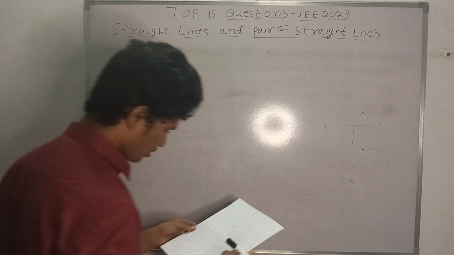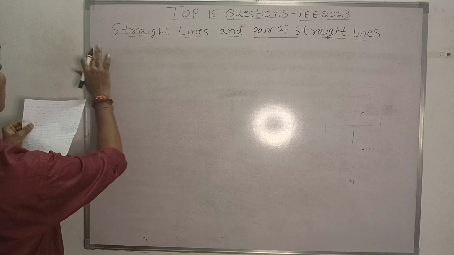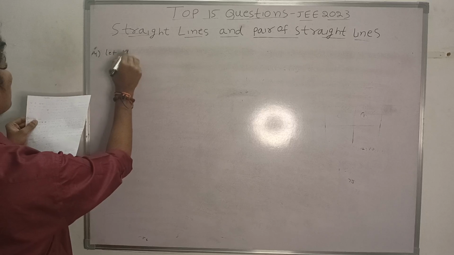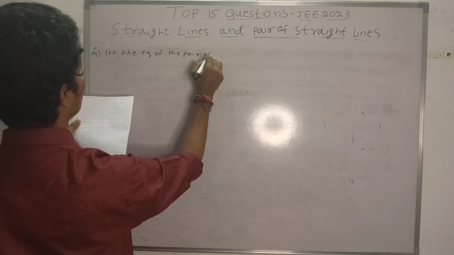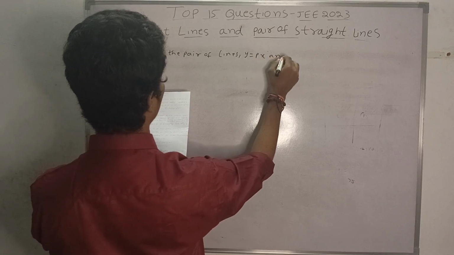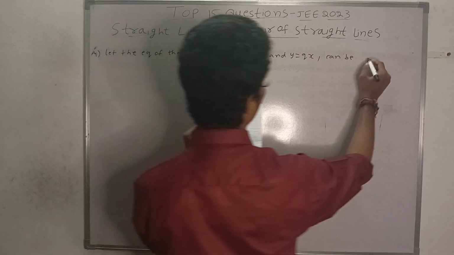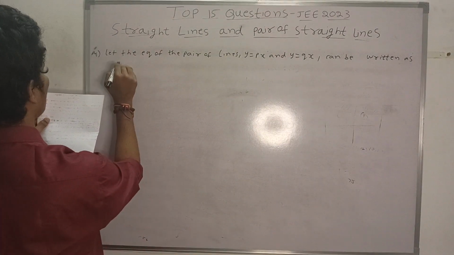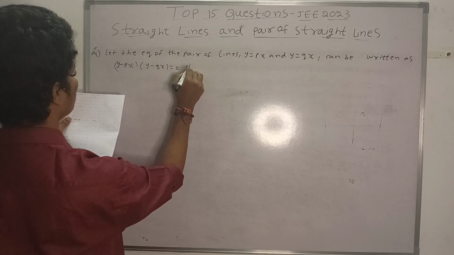And now again a question from the pair of straight lines. Let the equation of the pair of lines y equal to px and y equal to qx be written as (y minus px)(y minus qx) equal to 0.